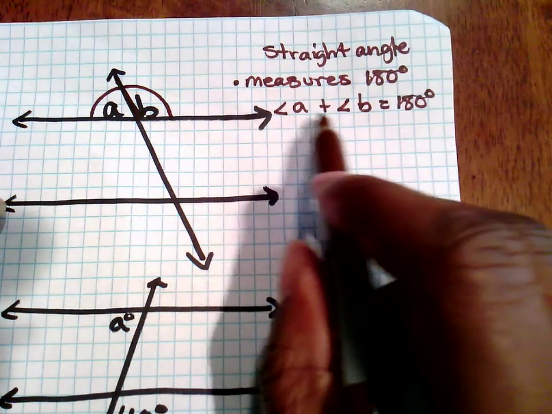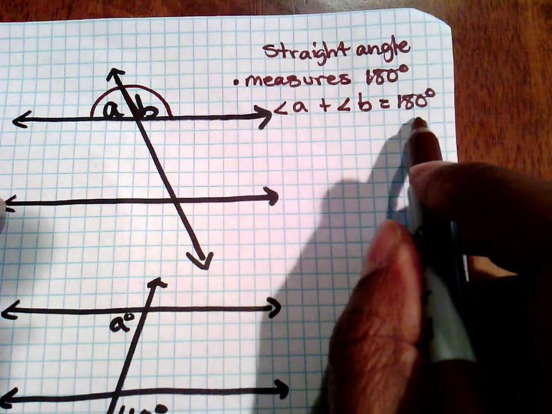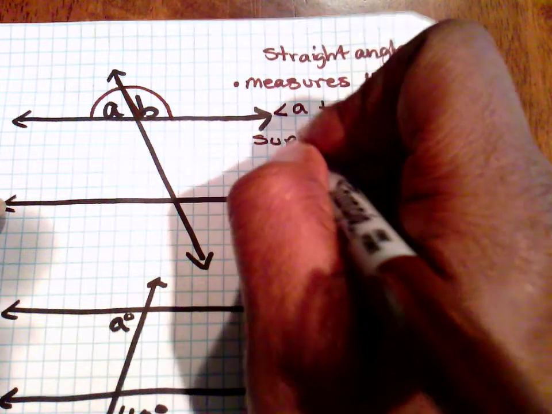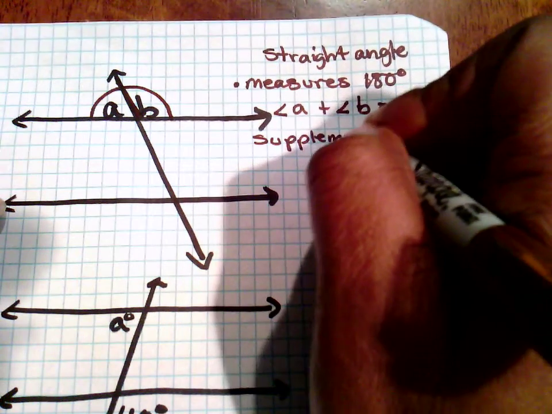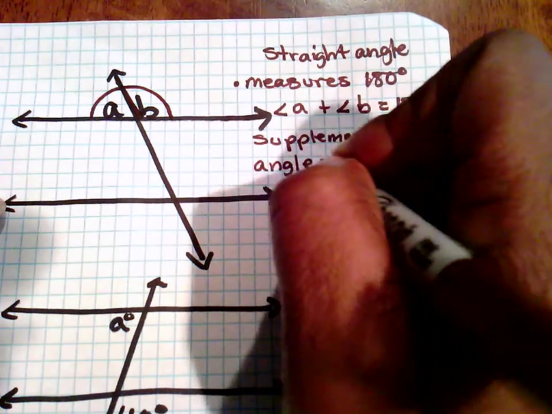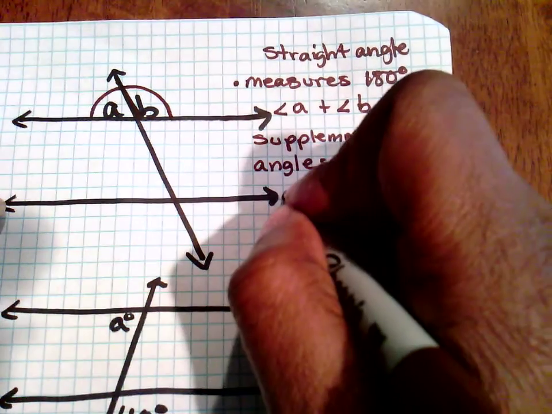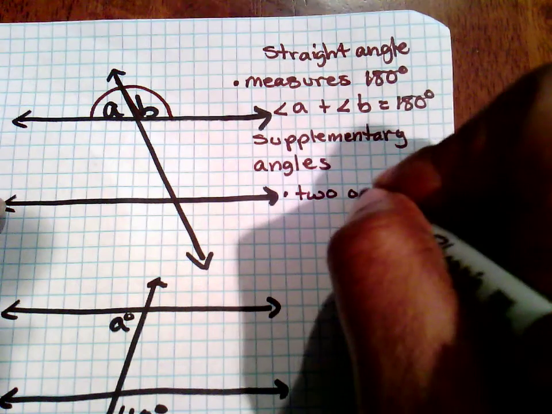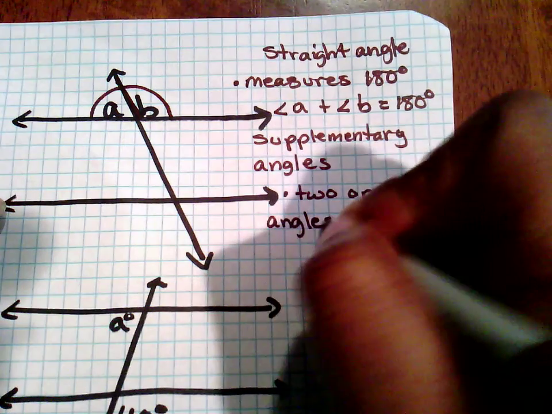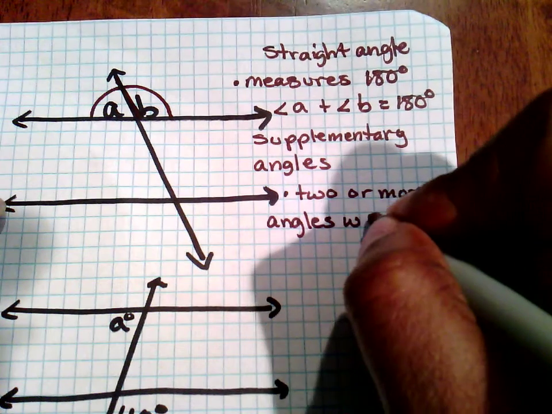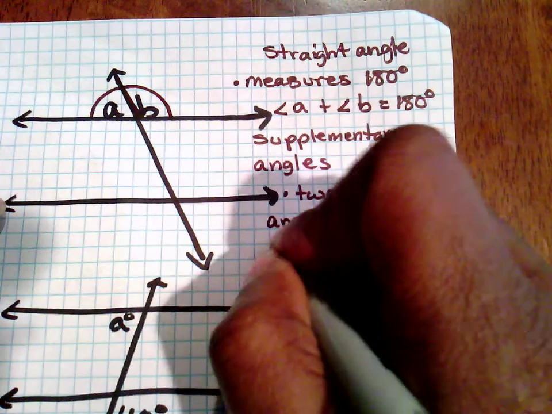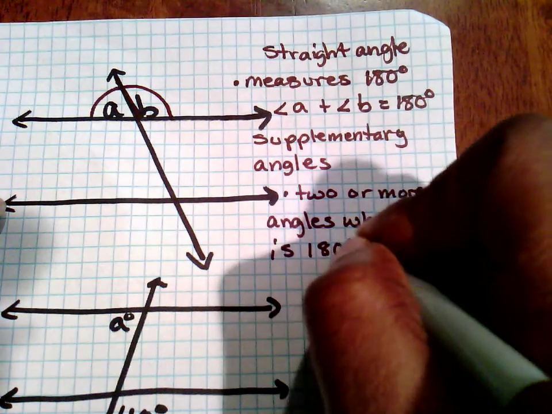So when we have two or more angles that sum to 180 degrees, this is what we call supplementary angles. So basically, we have two or more angles whose sum is 180 degrees.